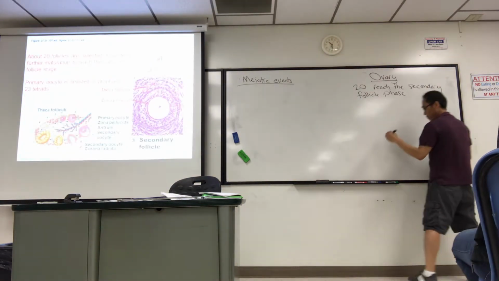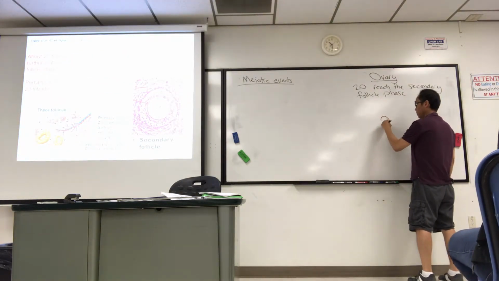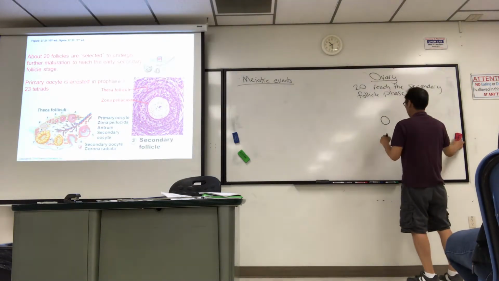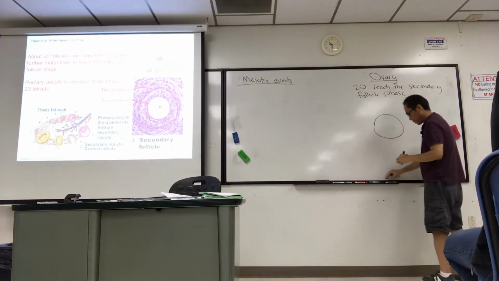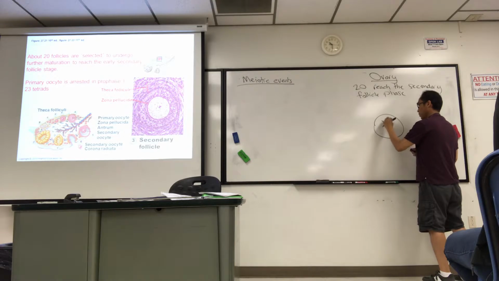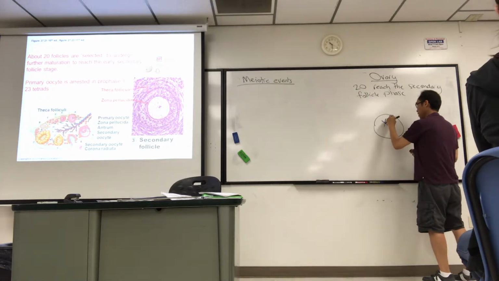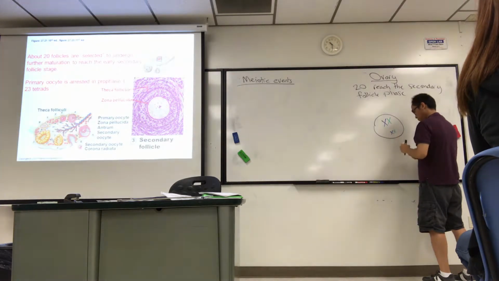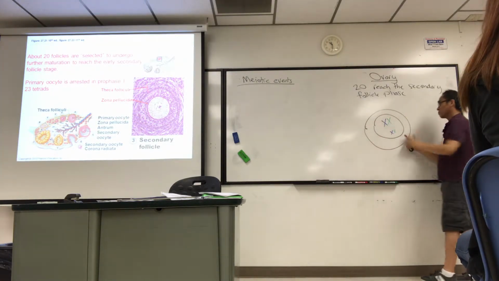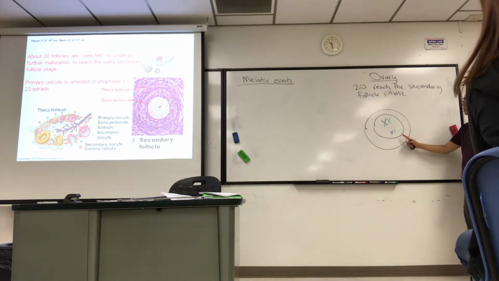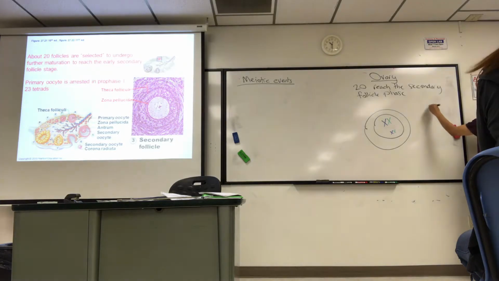So if you have the nucleus with the chromosomes in it, buddy up. And here's the cell with the cytoplasm. Maybe that's just the oocyte. Call it a primary oocyte.